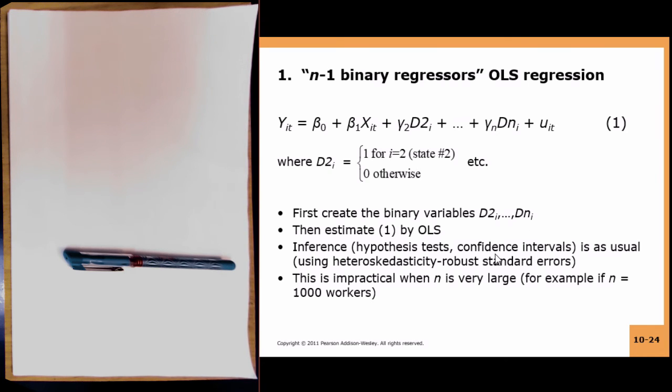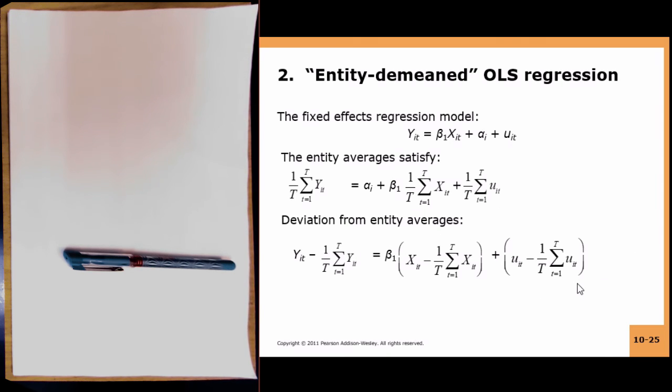Then you perform your hypothesis tests and look at your confidence intervals in the same way as with normal multiple regression, and you use heteroscedasticity-robust standard errors in case there is heteroscedasticity. This method is impractical when you have a very large number of entities. Now we look at the entity demeaned OLS regression.